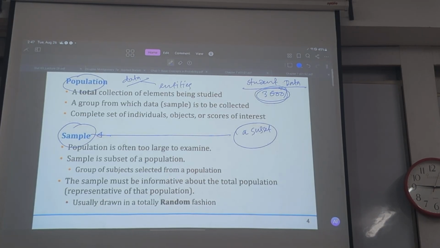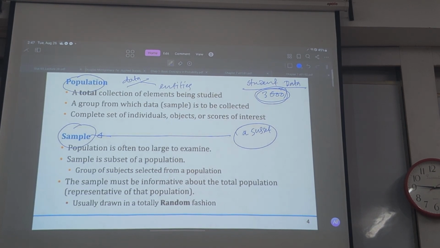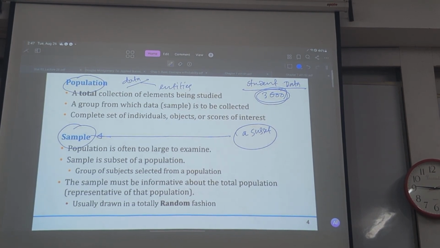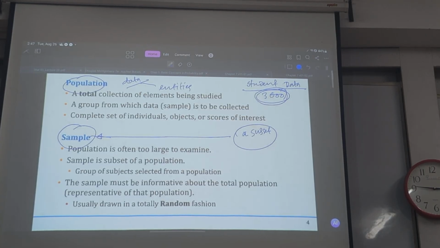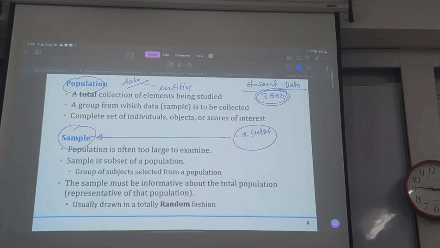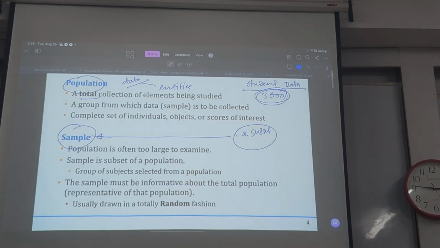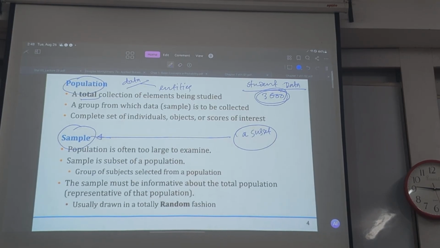For example, we can have a population that includes all people, say 200 million people, with height and weight. But even if you consider all living persons in the world, in most cases the size of the population is so large that we cannot count it.